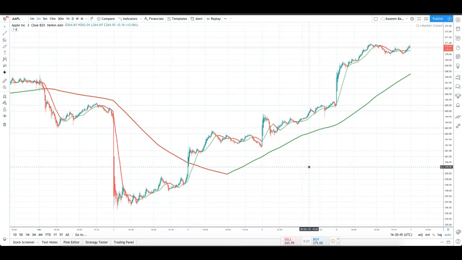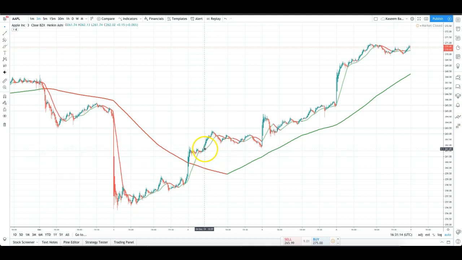So there are some basic rules that I like to follow when I trade using this particular chart. The first is to trade with the 20 MA, right? So let's look at the 20 MA. The 20 MA right here, as you can see, when prices get close to it, you want to enter a trade here, right?